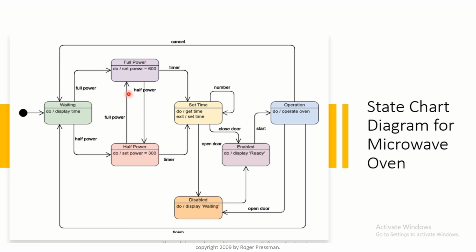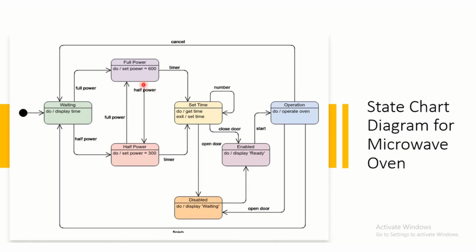Alternatively, you can go between the full power and half power states continuously. If you set the power to 600 watts, you come to the full power state, and if you turn it to 300 watts, you shift to the half power state. So from these powers you can immediately go to the half power or the full power.